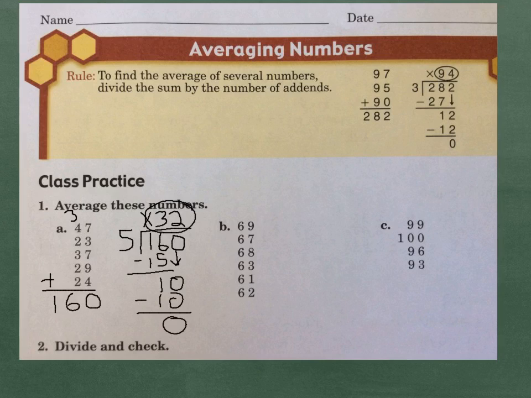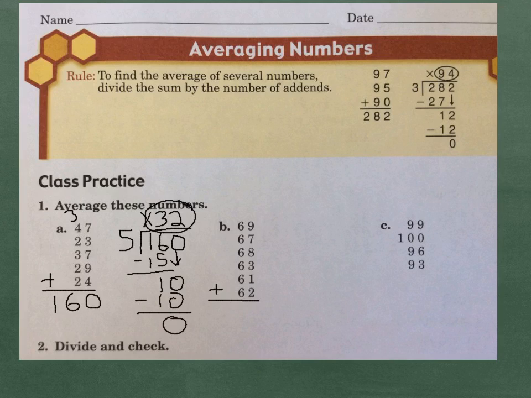Okay, B. First thing we need to do is add up the numbers. 9 plus 7 would be 16. Plus 8 more would be 24. Plus 3 more would be 27. Plus 1 more, 28.